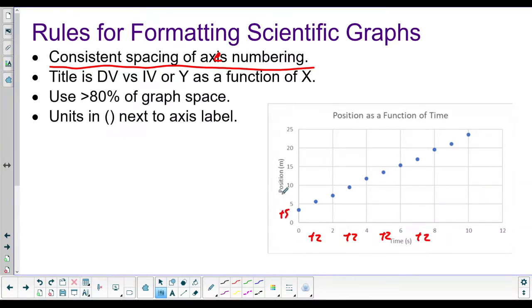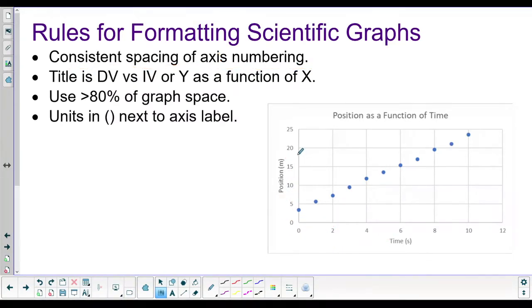Or plus 5, plus 5, plus 5, plus 5, etc. The space between these numbers needs to be consistent on the y-axis, and it needs to be consistent on the x-axis. And when I say space, I mean both literal, the physical distance on the piece of paper from that mark to that mark, and I mean the number spacing, how far apart this number is from this number.